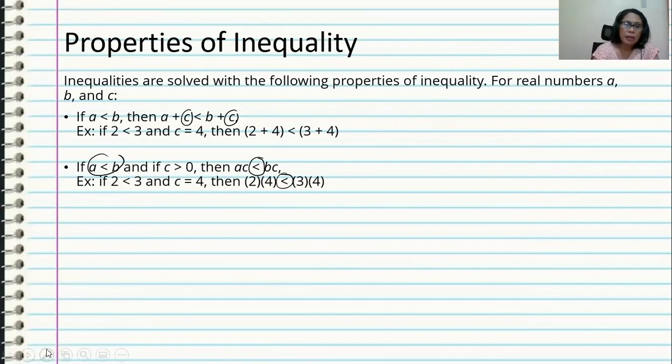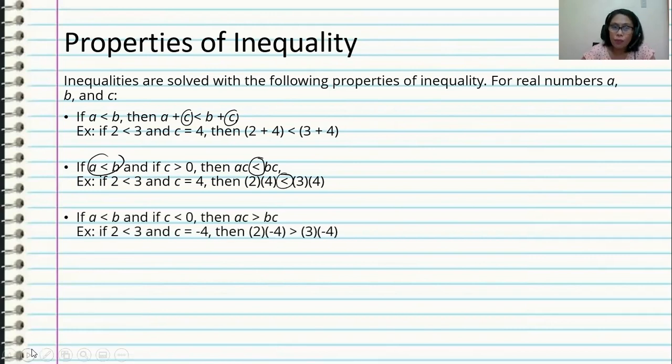It's a different case whenever c is less than 0. Take note that the original inequality that we have used is less than. As we multiply a constant factor c on both sides, whenever c is less than 0, meaning c is a negative integer, the inequality will be reversed and it will turn out to be greater than.